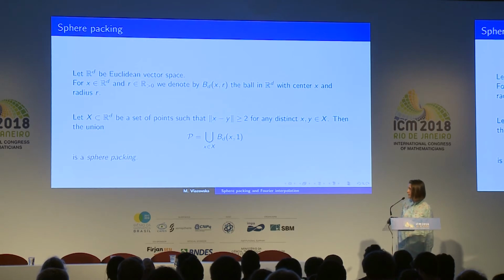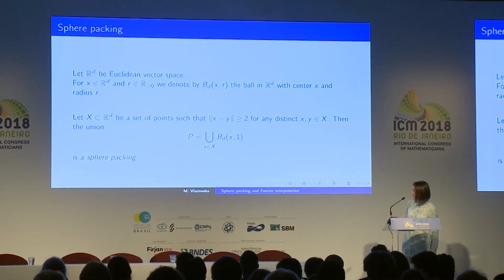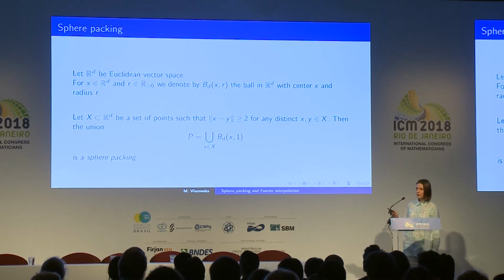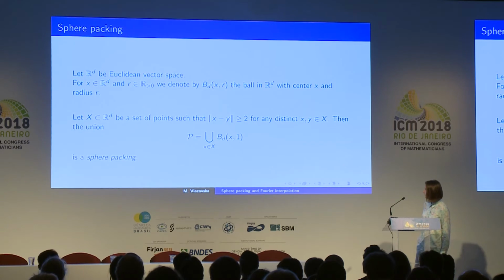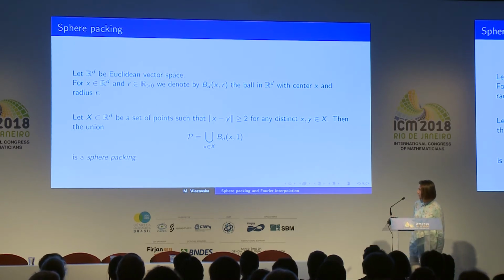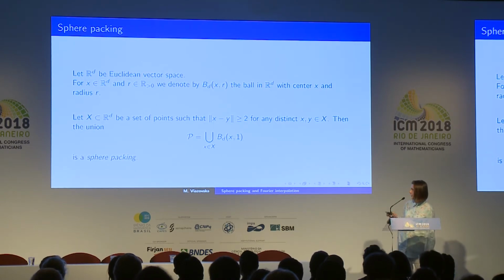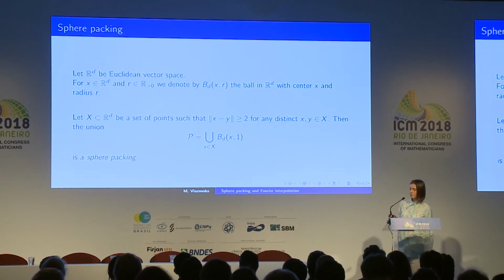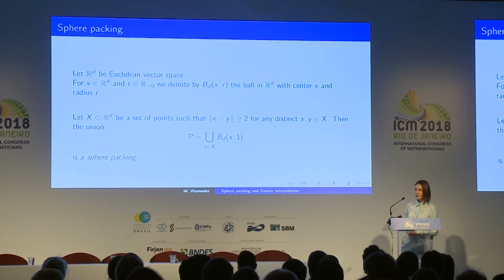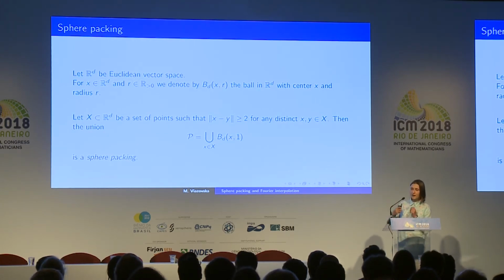We consider a discrete subset in d-dimensional space such that the distance between every 2 points is at least 2. Once we have such a set, we can consider a union of unit balls with centers at those points. Those balls will not intersect, they might at most touch each other, and we call such a union a sphere packing.